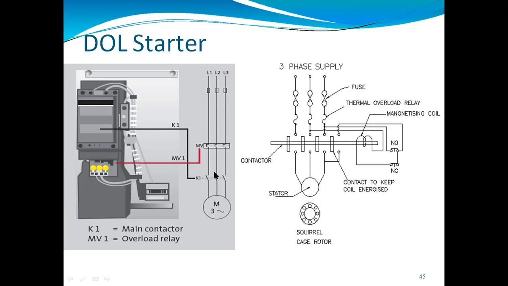So when we are pressing the off button, the stop button will de-energize the contactor and it will disconnect all three phases to stop the motor. So a small three-phase induction motor can be started by using the direct online starter.